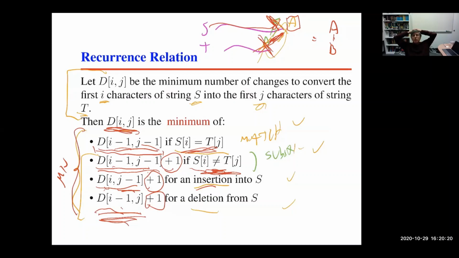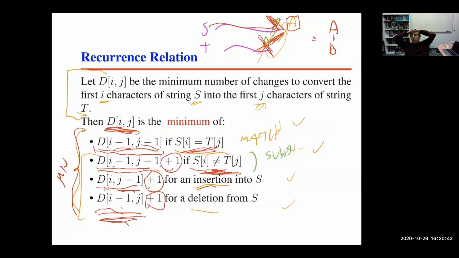These are all the possibilities. The cheapest way is going to be the way that costs the least. This is going to be the cheapest way for ending in all of the four possibilities. Any questions? I want you to think about why this recurrence is correct.